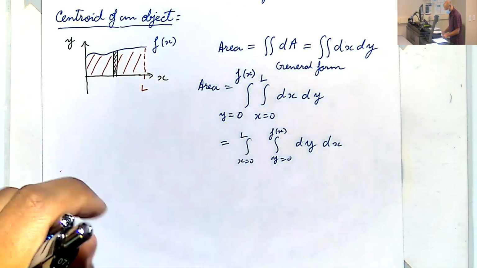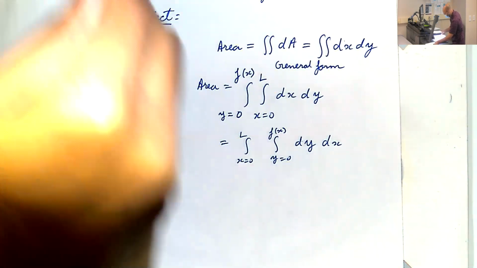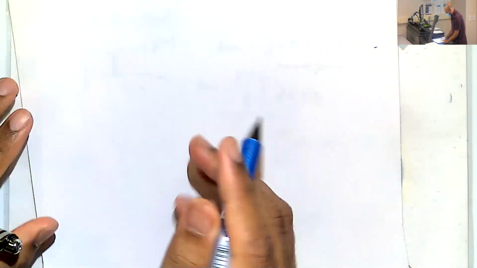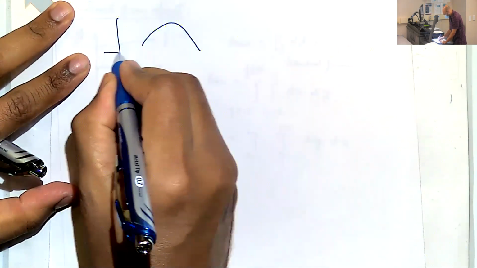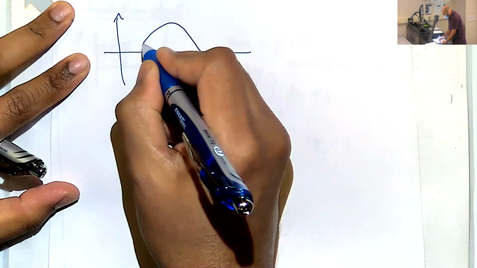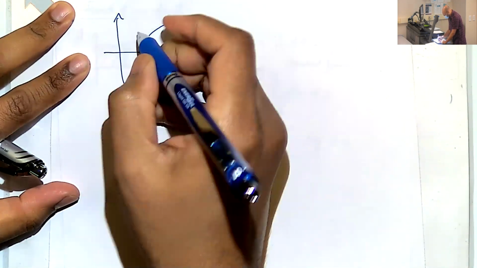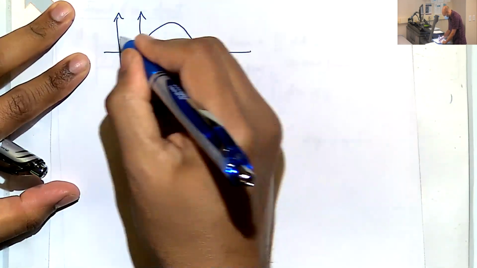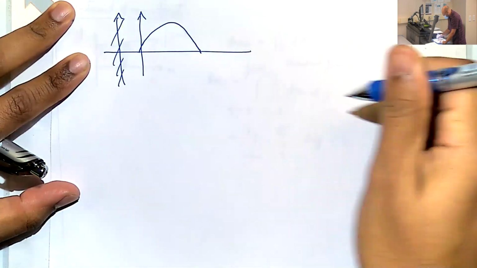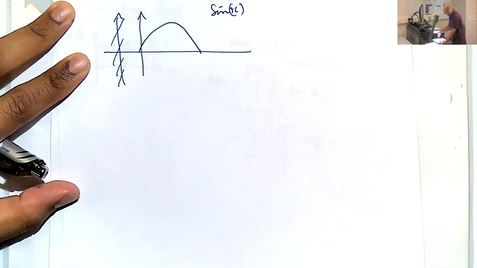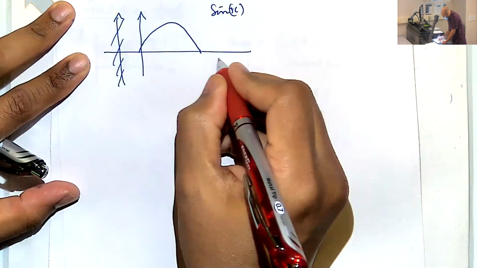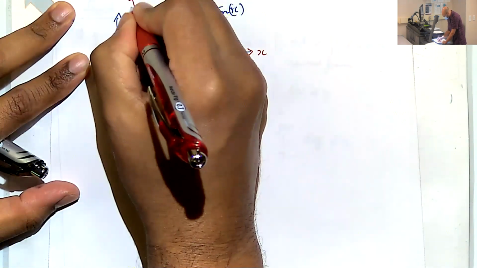So I could have, let me draw it on the side. I could have had a sine wave, okay? Well, sine wave is this. This is x, this is y.